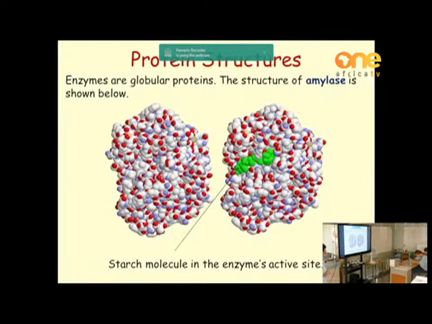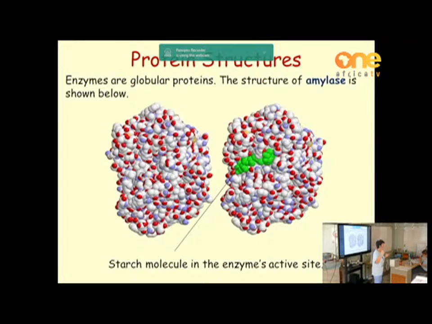Okay, right. If I look at another type of globular protein, I will look at the enzymes. Read here with me. The structure of amylase is shown below. What was amylase doing in a body? Can you remember?